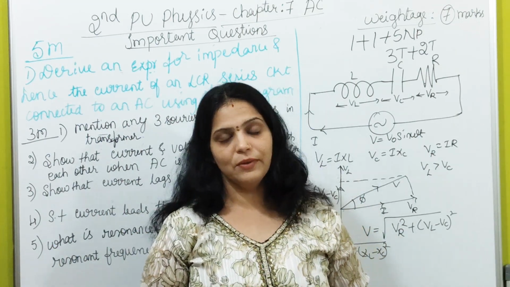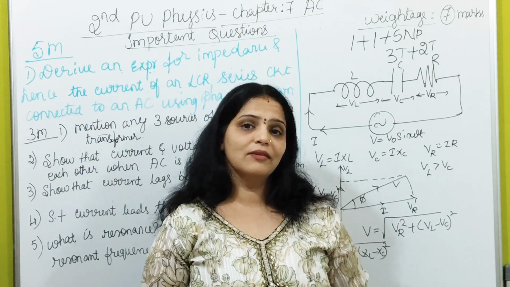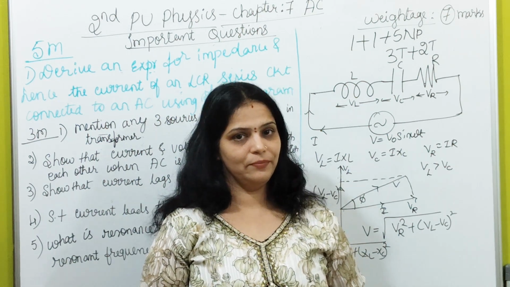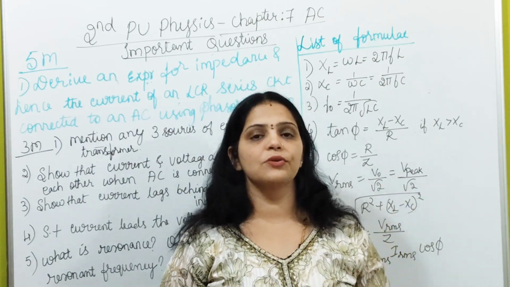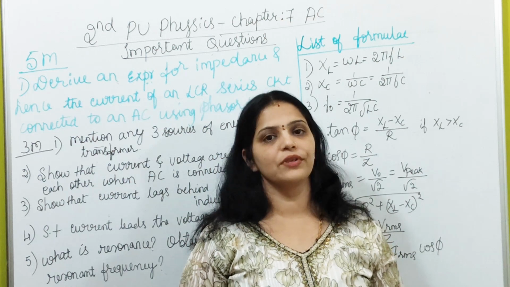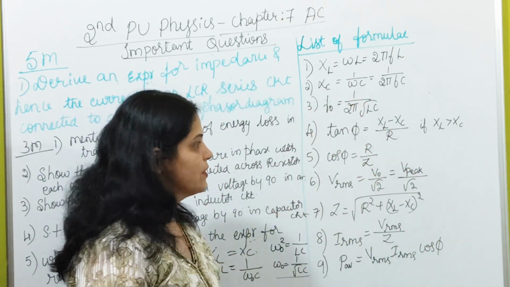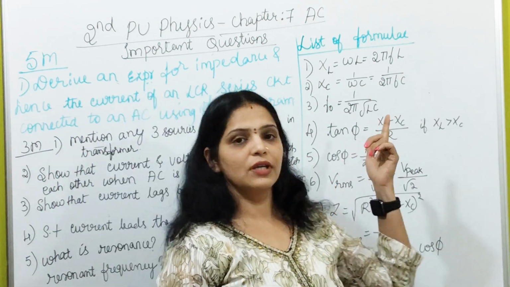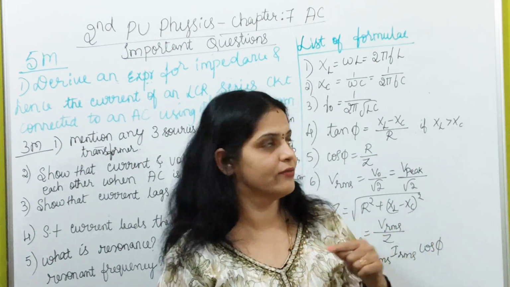So students, give importance to numericals of this lesson. Then what are the important formulas you have to remember? Practice all these formulas. Use suitable formulas depending on the numericals asked. So here, please take a screenshot of this. XL is omega L, where omega is 2 pi F, so 2 pi FL.